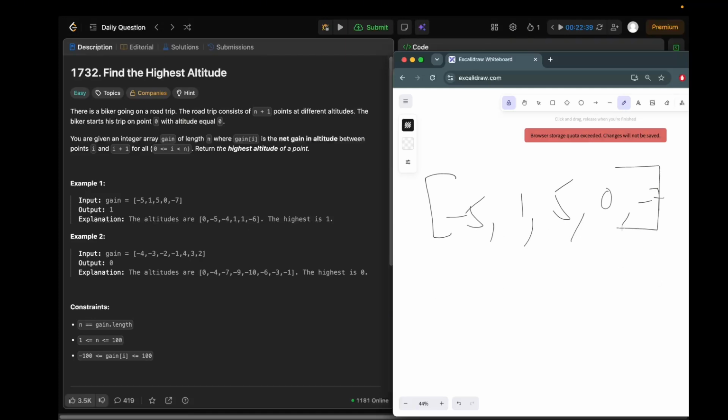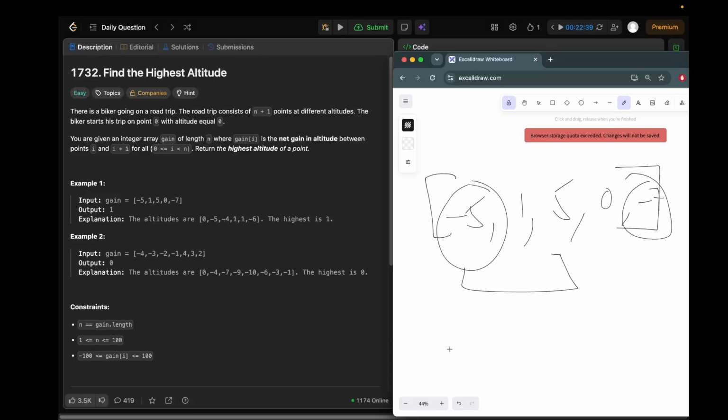At the end of the trip, what is our net gain? So basically we sum all the positives and negatives, right? We sum all of the values, so it should be minus 6. What is the net gain in altitude between points i and i plus 1? Oh, I see, so between two points.